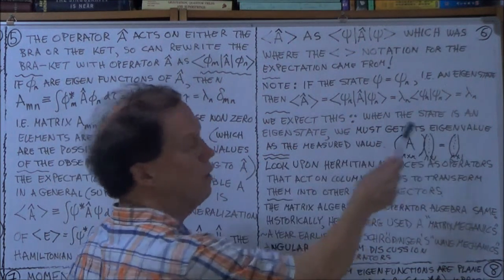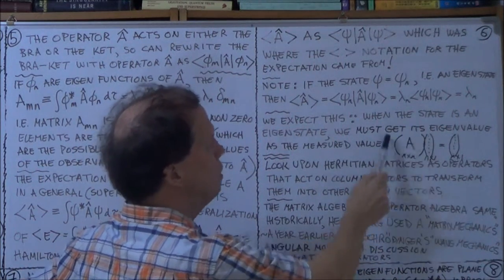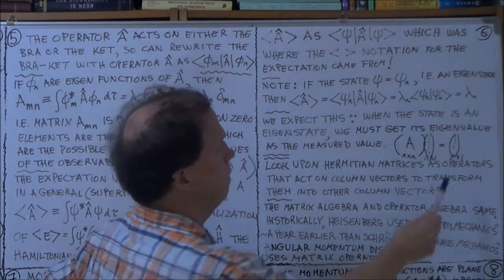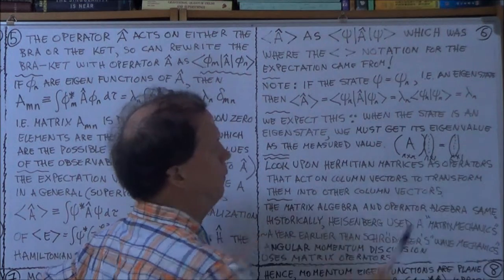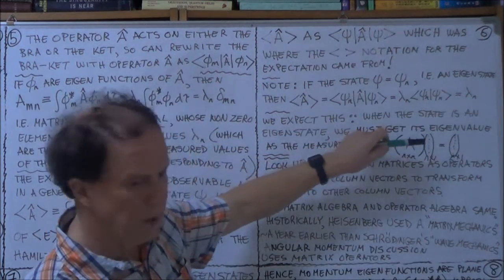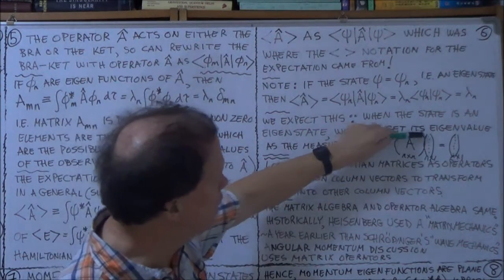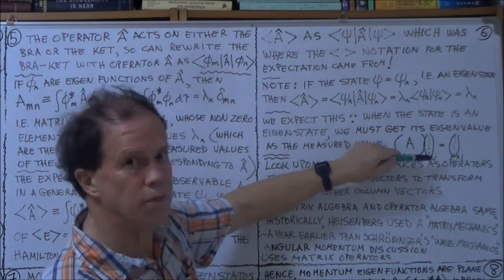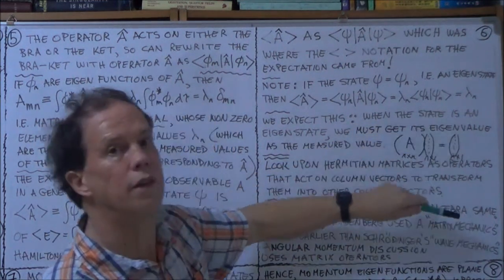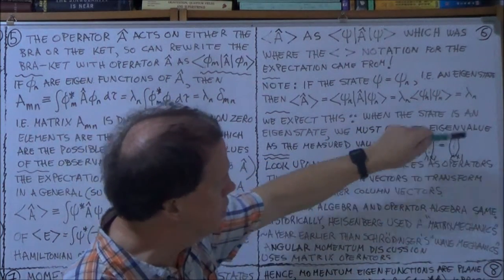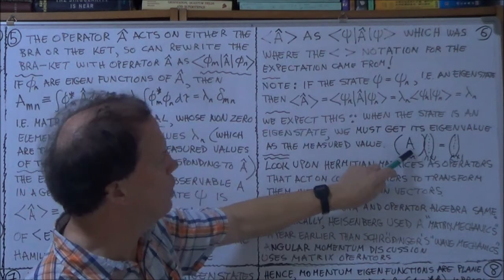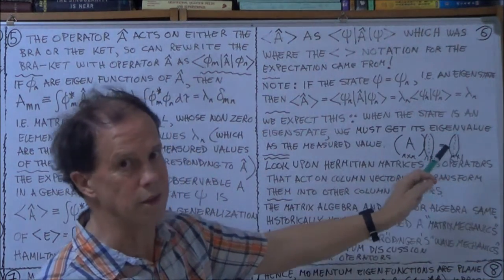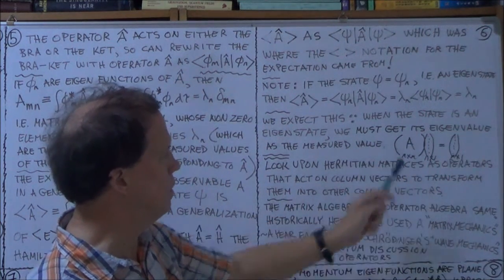If you multiply that on the left by an n by n Hermitian matrix, you'll get another column vector, n by 1. So you can look upon this matrix as an operator which changes this state vector into another state vector. That's what operators do, change state vectors into other state vectors. That's what this matrix is doing.